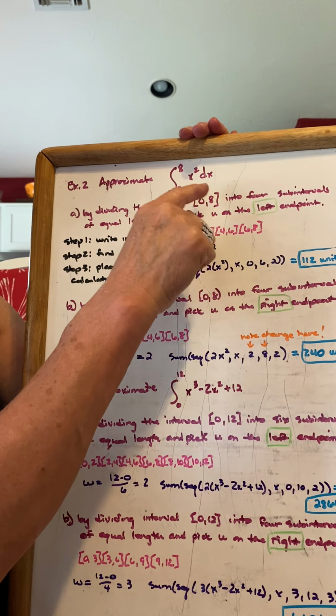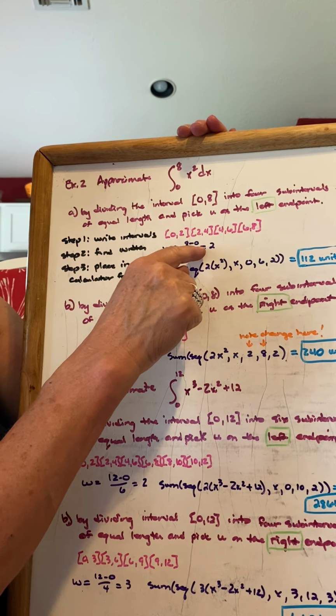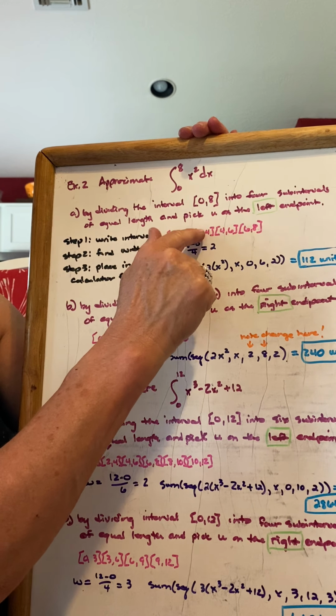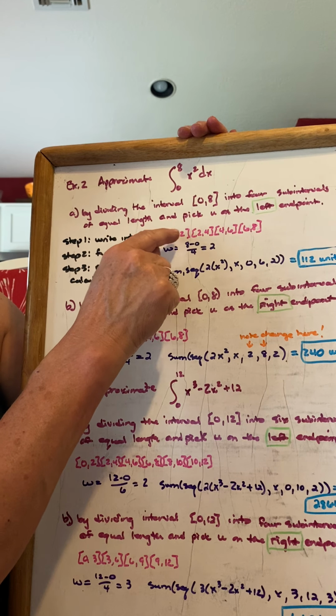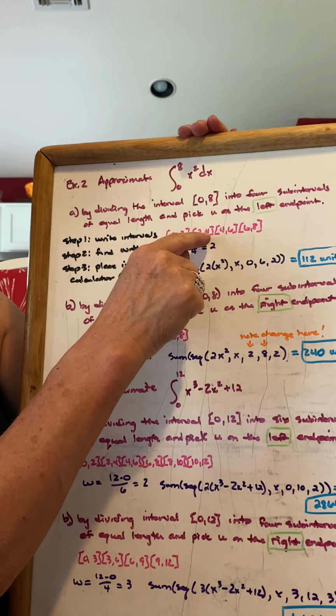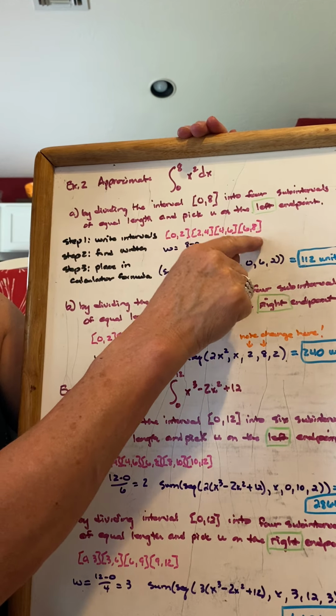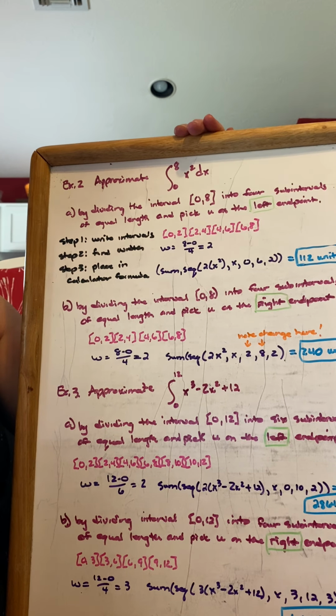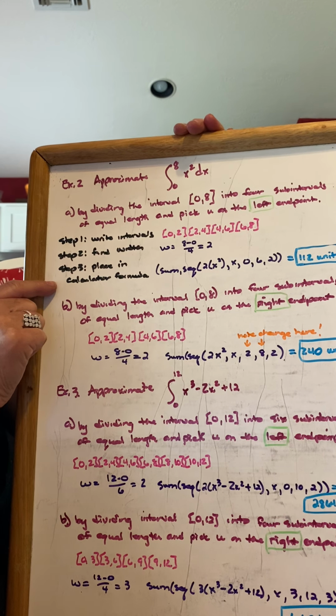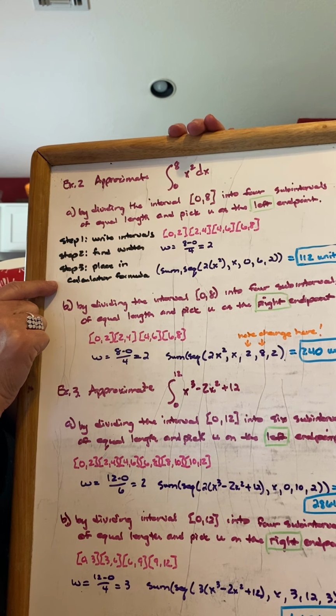So the width is 8 minus 0 divided by 4 equals 2. So that distance between each of these has to be 2. So then I go 0 to 2, 2 to 4, 4 to 6, and 6 to 8. Typically, we write those in brackets. Now we're going to write it in our formula.